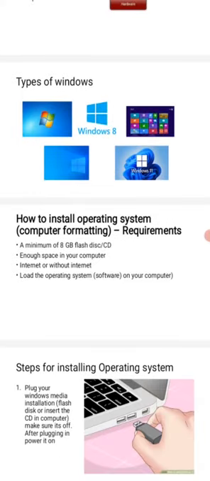We can see it there clearly, Windows 11. So we have these operating systems currently on the market: Windows 7, Windows 8, Windows 10, and Windows 11. These are the operating systems that are in various computers.